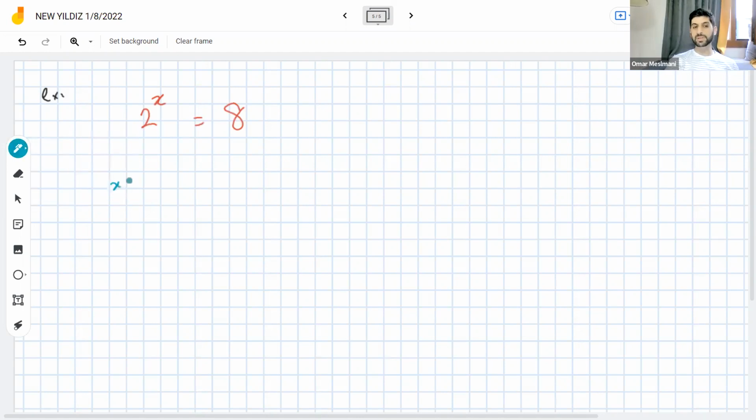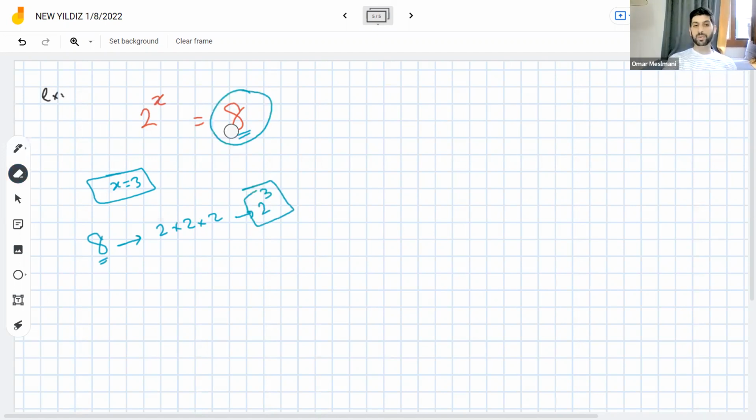I know you will say that x equals 3 directly, but why? I can replace the 8 by 2 multiplied by 2 multiplied by 2. Yes or no? Yes. So the 8 is basically 2 to the power 3. So I'm going to delete the 8 and replace it by 2 to the power 3.